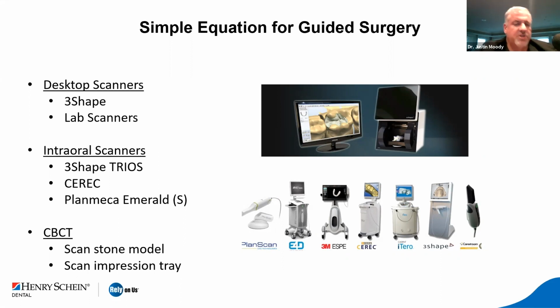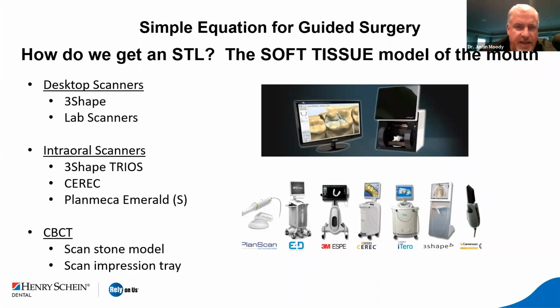So just know that if you're going to send an impression to a dental laboratory, they're going to digitize it by way of a desktop scanner. So a number of different machines out there. Not here to debate which machines are better or worse. So again, all we're getting is the hard and soft tissue model of the mouth and how it looks today.